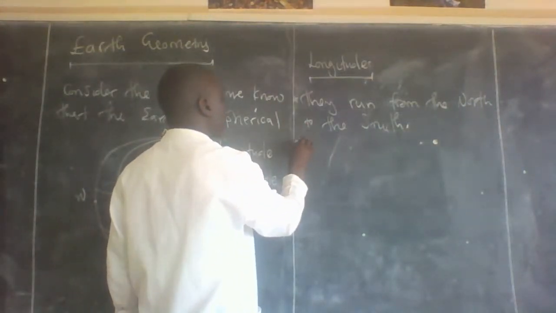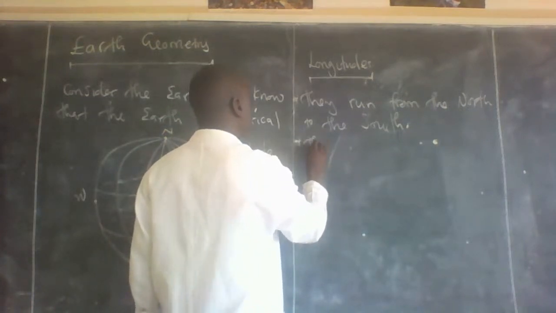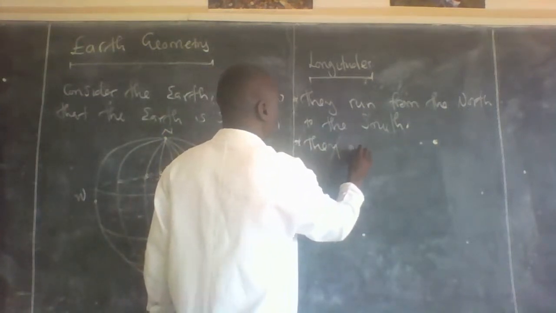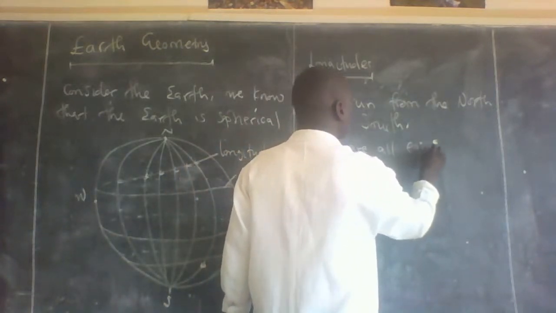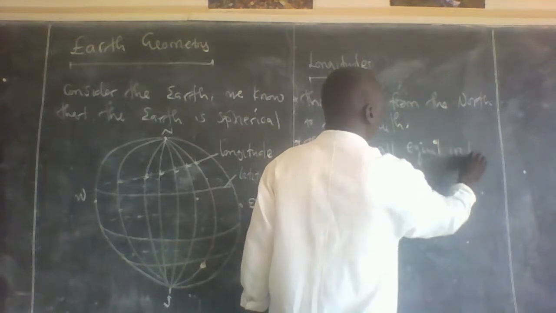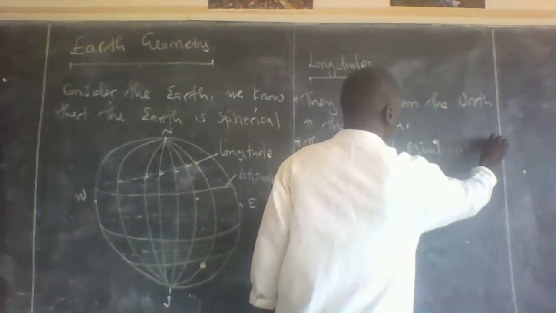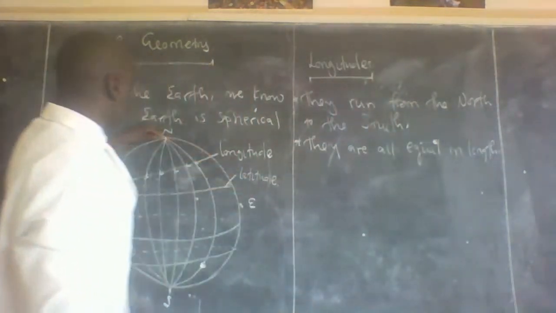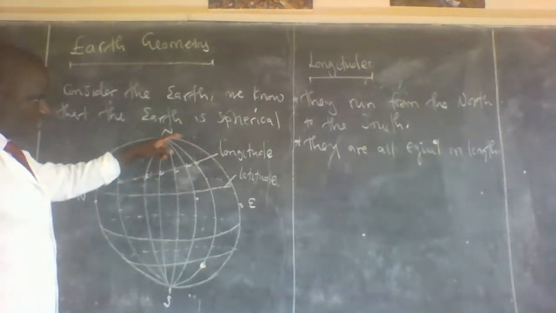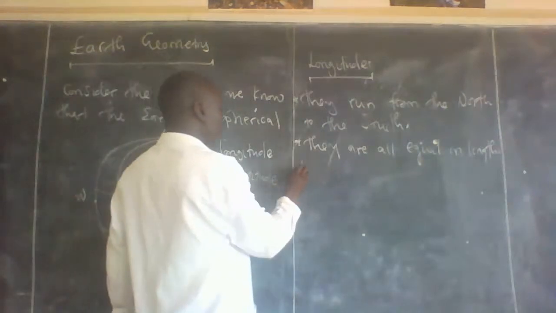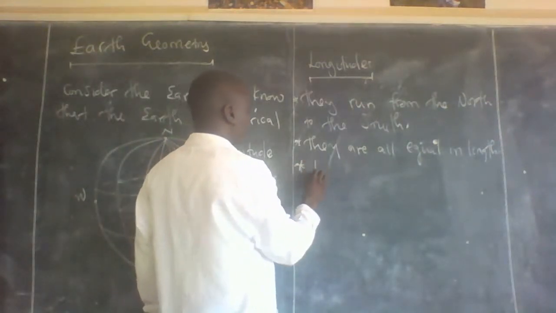They are all equal in length, because they run from the same point, the northern point, up to the southern part.